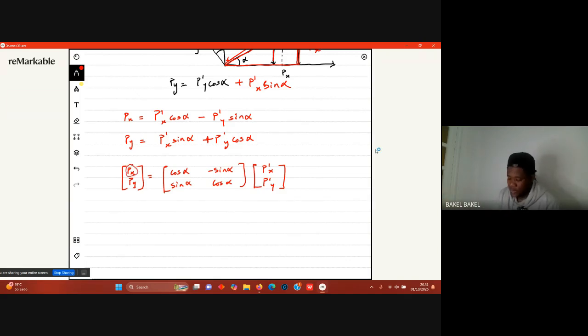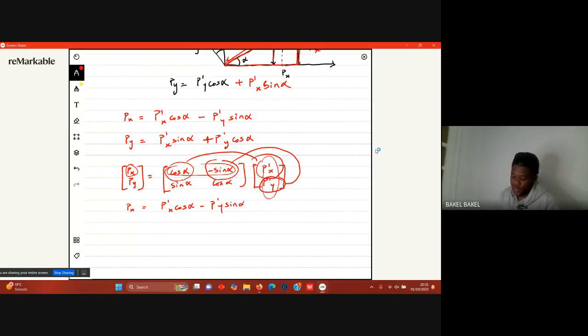This Px, to multiply matrix, you take this row, multiply by the column. So it is actually P prime X cos alpha, which is this times this, and then this times this, minus P prime Y sine alpha. Same thing for the bottom.